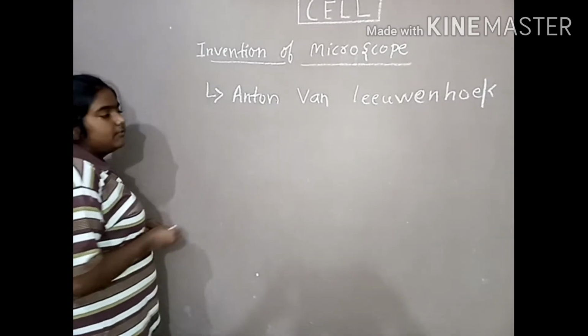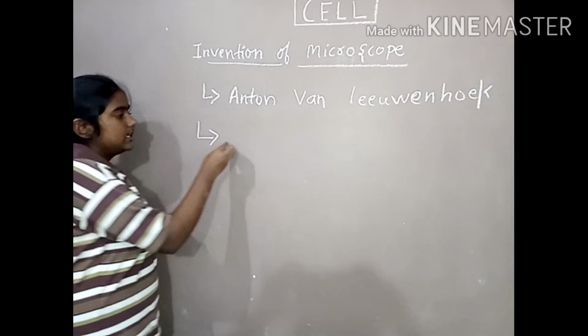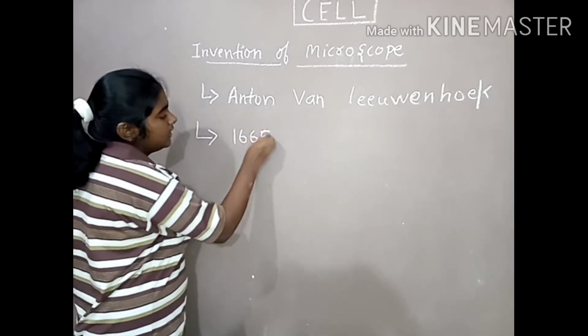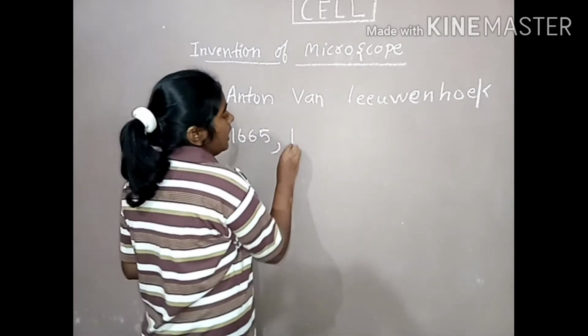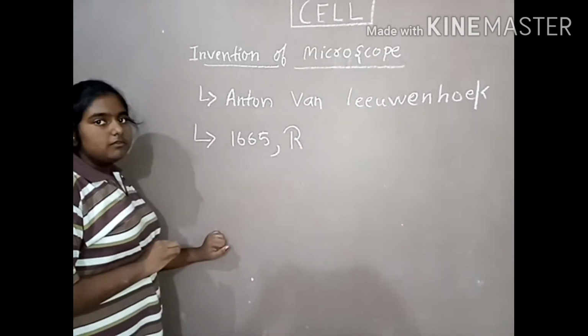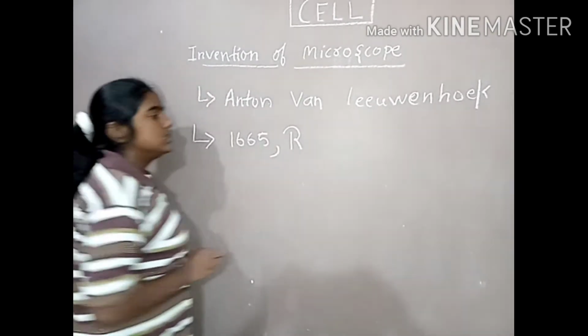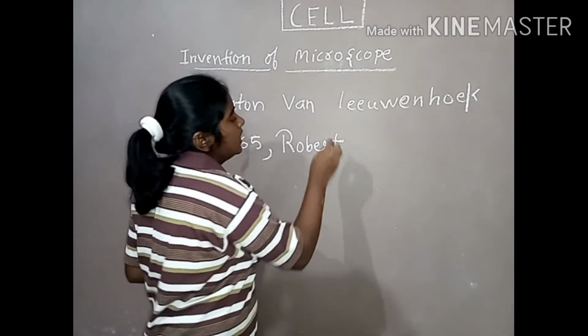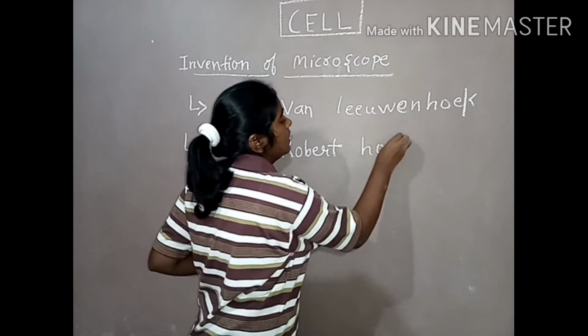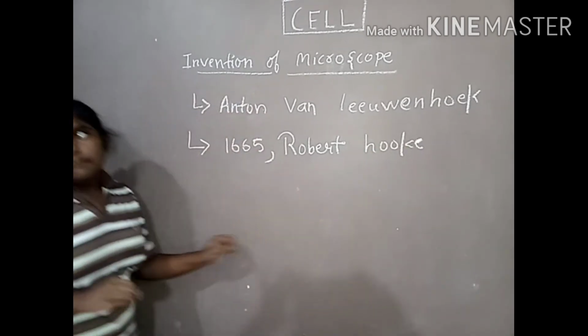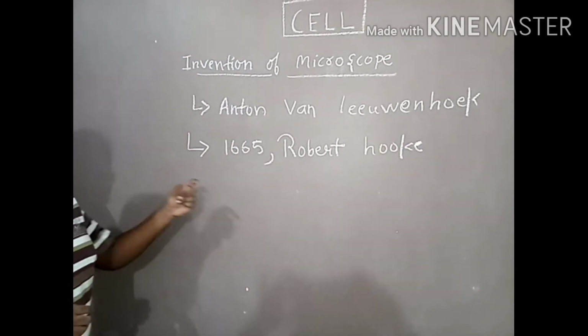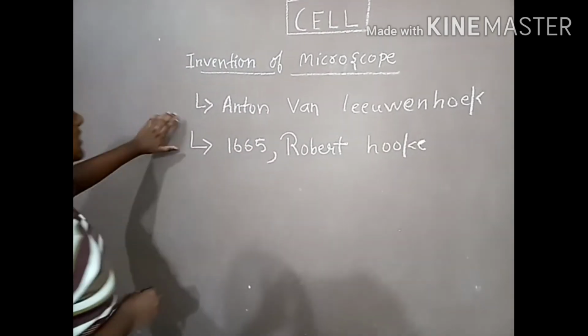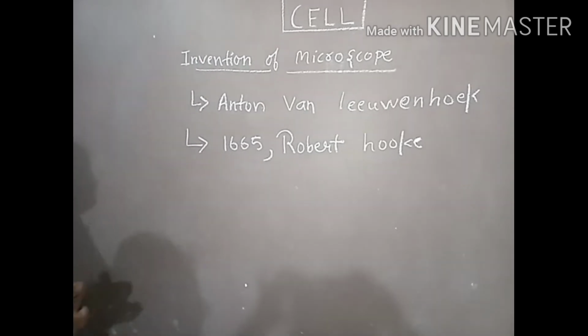After Anton van Leeuwenhoek, another scientist in 1665 discovered a microscope with two lenses, that is known as compound microscope. The name of the scientist is Robert Hooke. So this was all about invention of microscope.